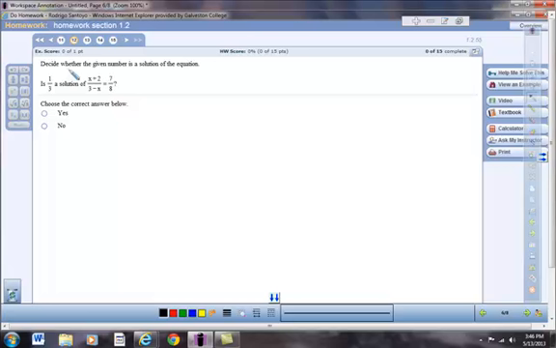The next problem, decide whether the given number is a solution. So here they're telling us, is 1/3 a solution? So all you're going to do is replace x with 1/3 everywhere you see it. So the question is, does that equal 7/8? That's the question.